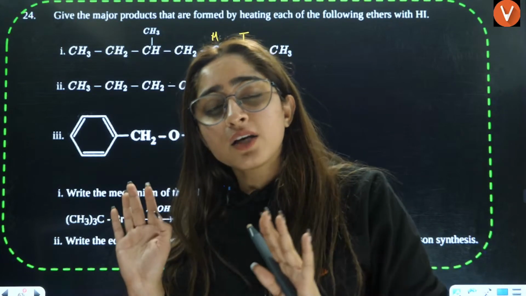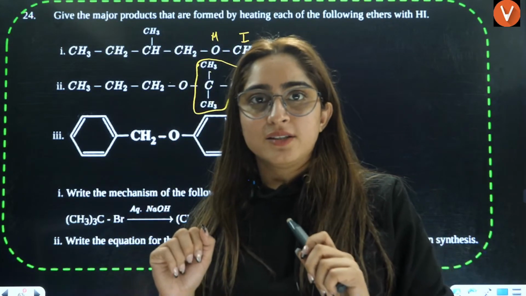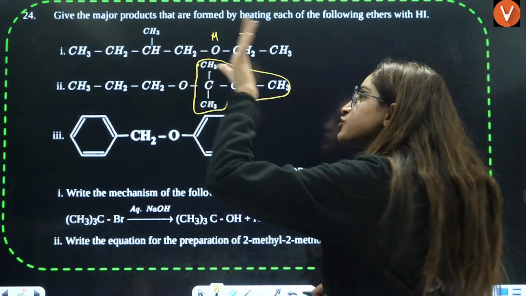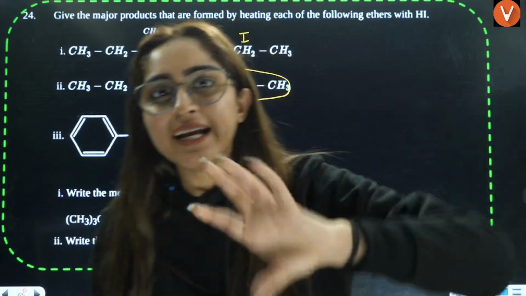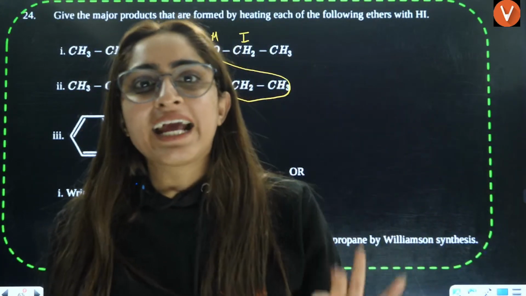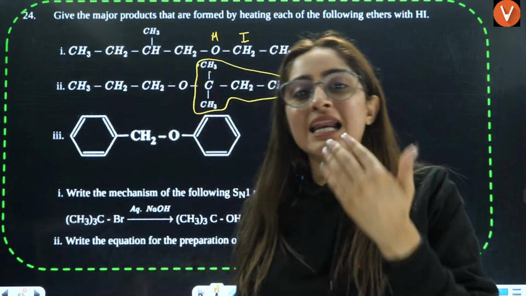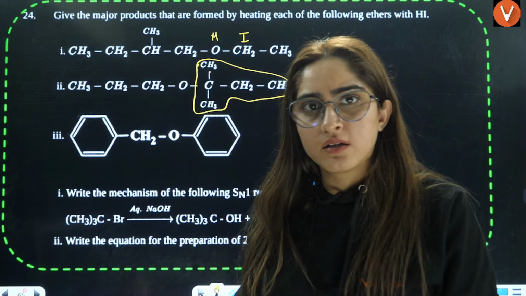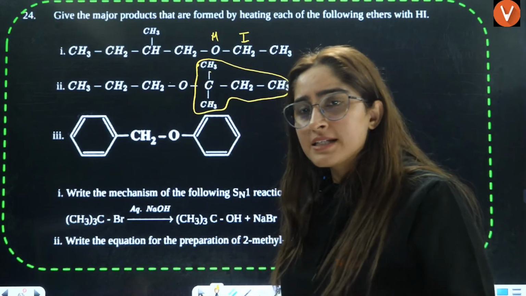These are the questions of your NCERT. If any of the alkyl chain is not 3 degree, I negative will attach so that the alkyl halide formed will be the one which is less sterically hindered. No problem in that, right?